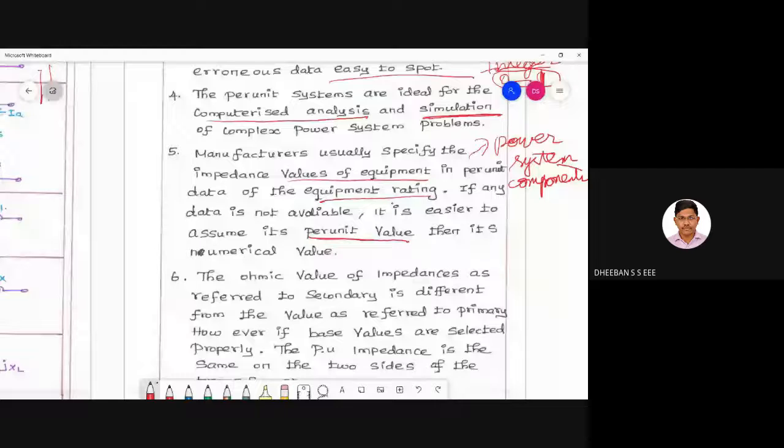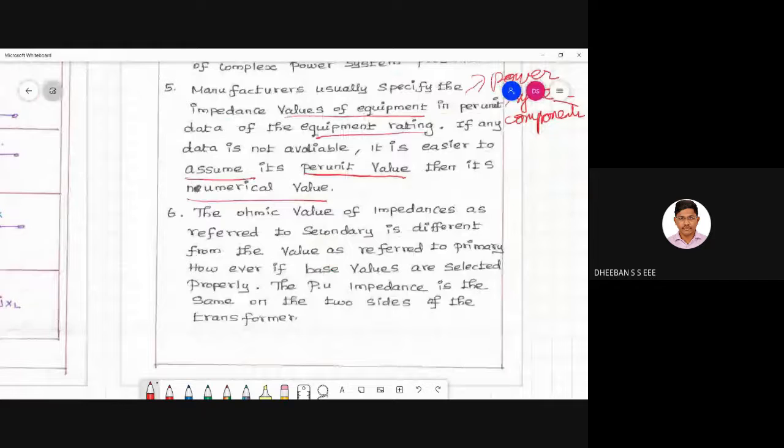Also, if you are representing the per unit value, it is possible for you to easily assume some values in numerical calculations. We will also be assuming some per unit values, but that will come under the fourth unit.